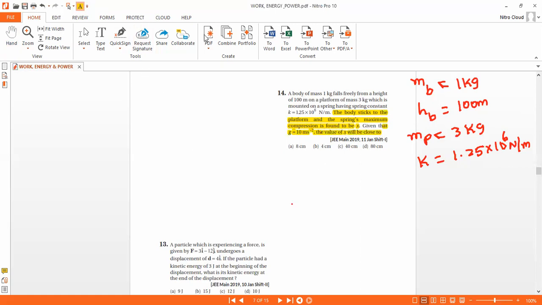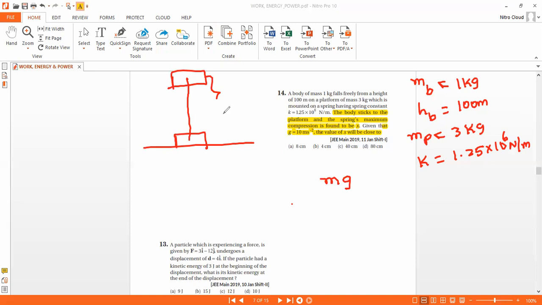Now see here, firstly the initial compression. We have a platform like this, and a block raised to a height, suppose like this.